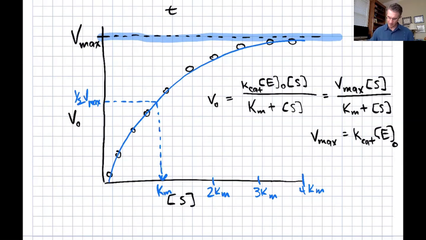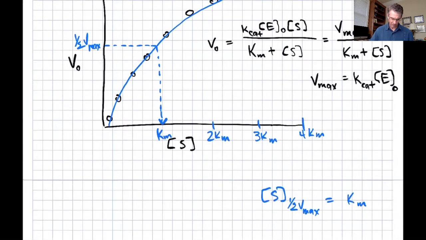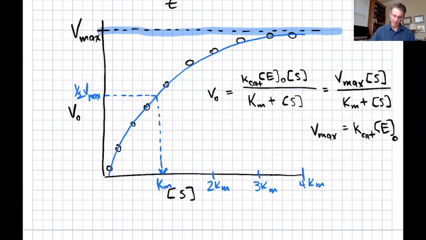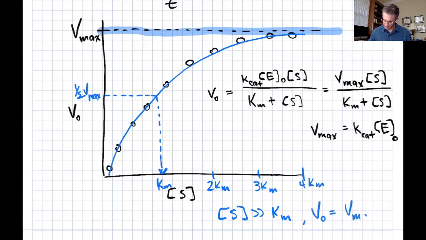But if we think about what I just said, in terms of thinking about this concentration axis in units of Km, that also means that when the concentration of the substrate gets much larger than the Km, then under those conditions, the initial rate is equal to the Vmax.